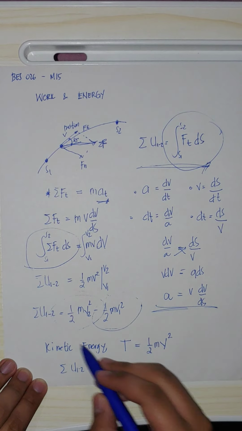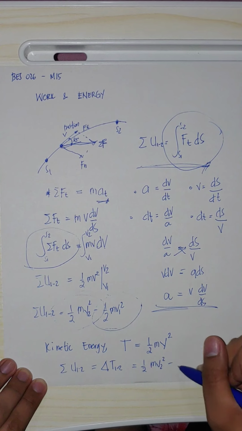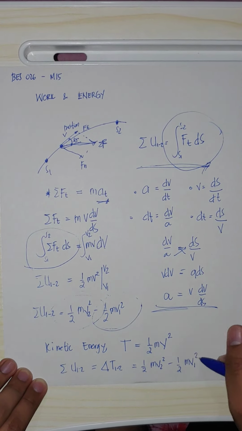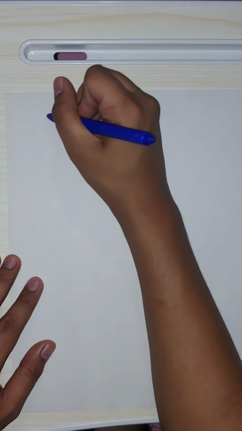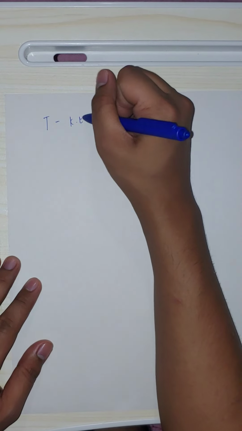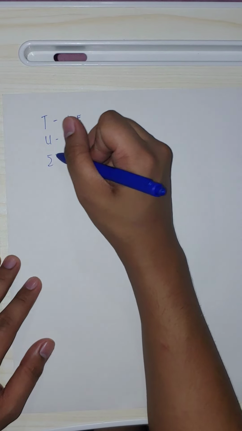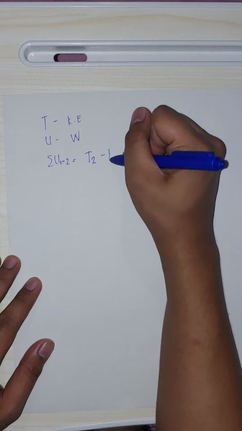The change in kinetic energy is 1/2 m final velocity squared minus 1/2 m v1 squared. So if we summarize, since T symbolizes the kinetic energy and U symbolizes the work, the total work done is equal to T2 minus T1.